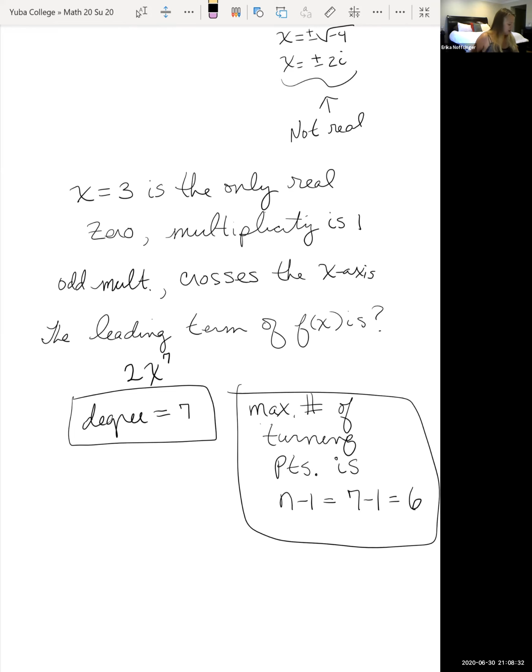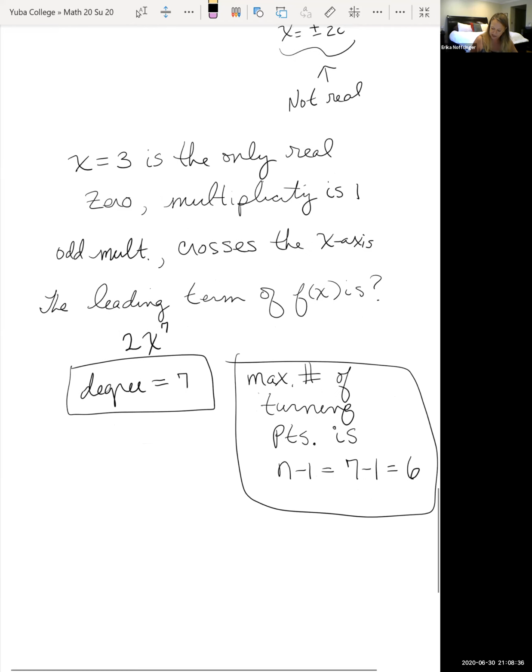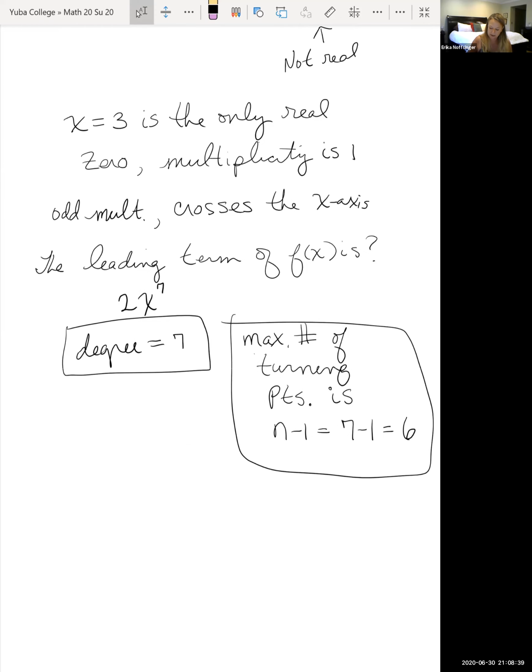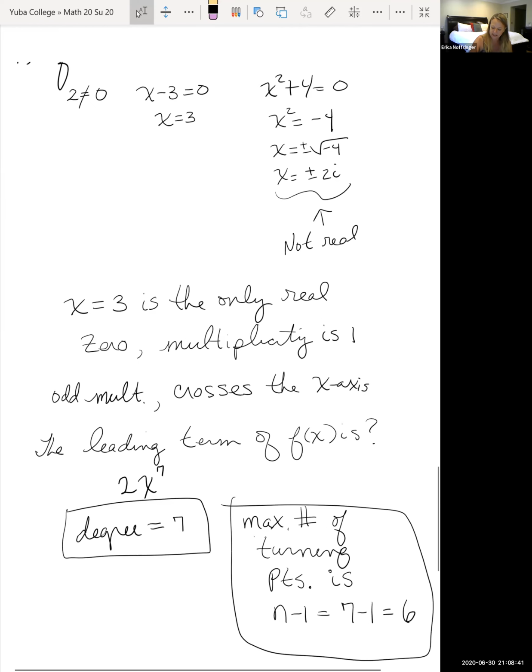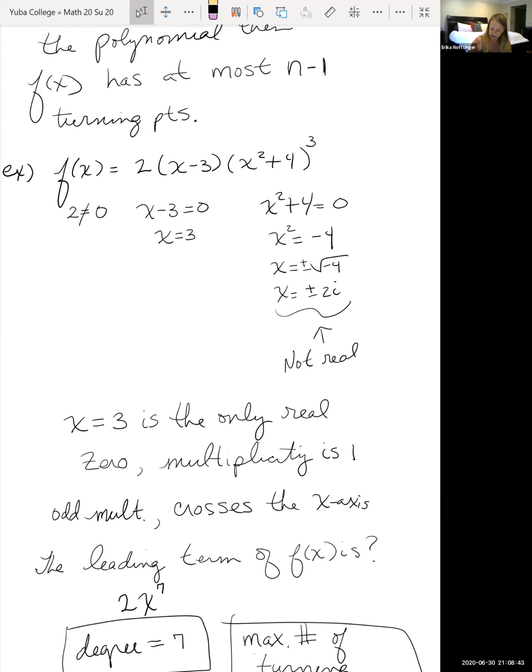It wanted to know also what the end behaviors of the graph is. And so the end behaviors of our graph didn't matter about anything else about that leading term.